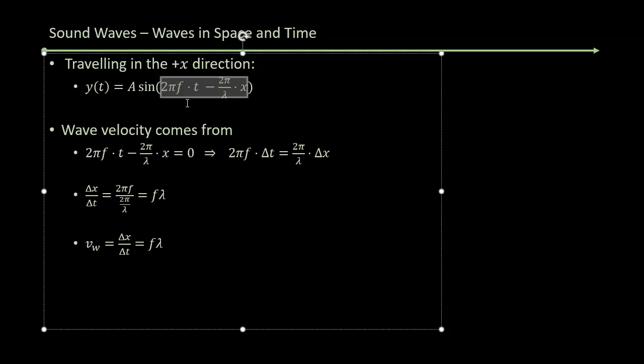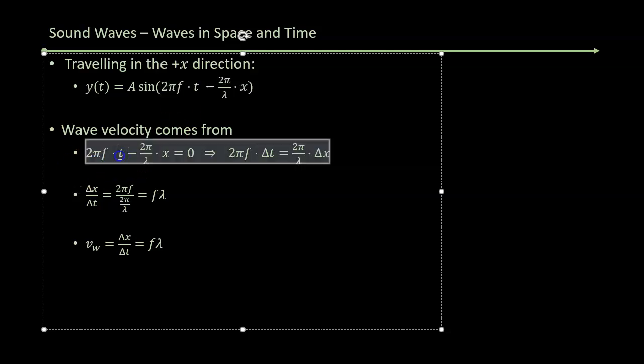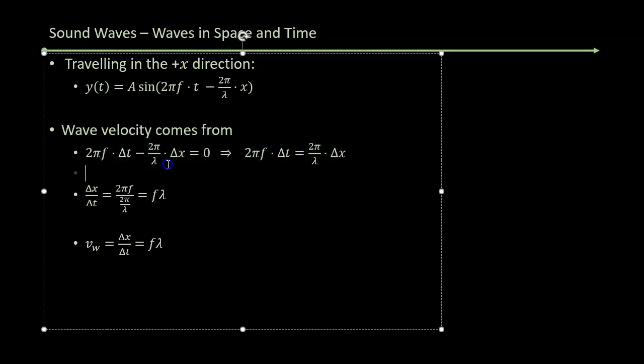All right, that has to have the same value. So if I say, okay, I've had a little change in time, and I've had a little change in position, and I'm at the peak of the wave, I want this to be 0. And so I start solving.